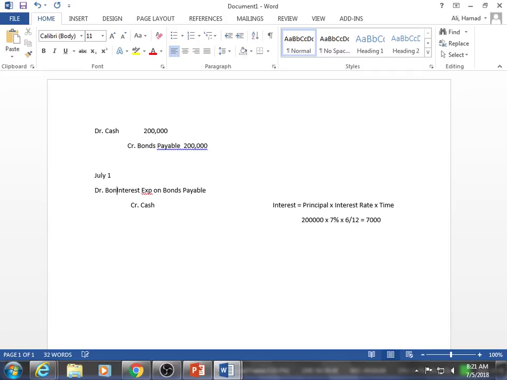Bond interest expense and the amount is $7,000, and the amount of cash to be paid is $7,000.